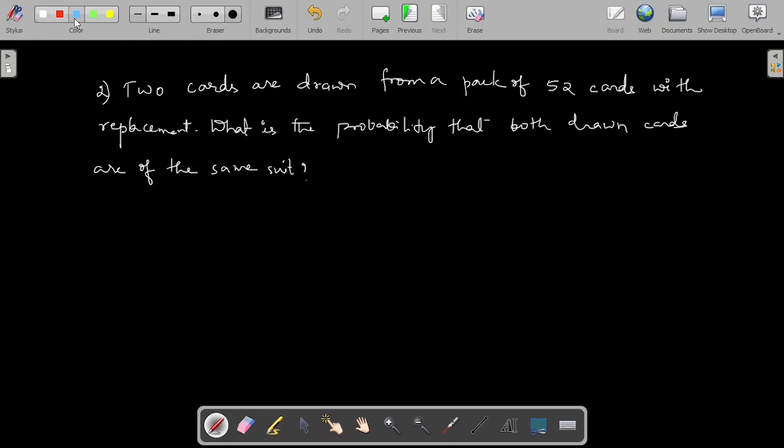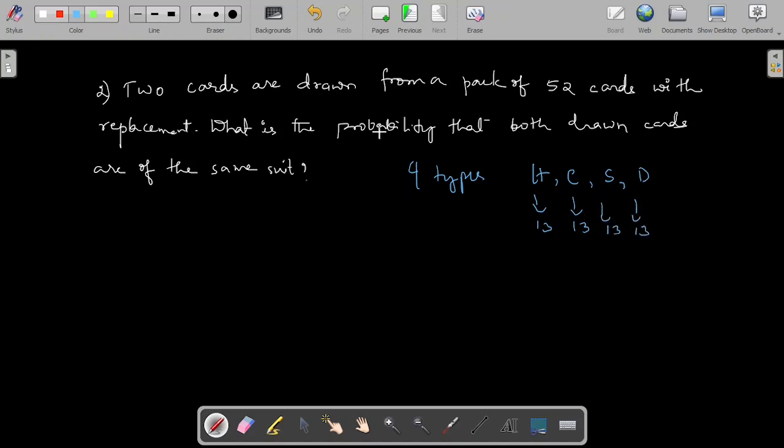Next question. Two cards are drawn from a pack of 52 cards with the replacement. What is the probability that both drawn cards are of the same suit, means same type? So there are totally 4 types: heart, club, spade and diamond, and in each type there are 13 cards.